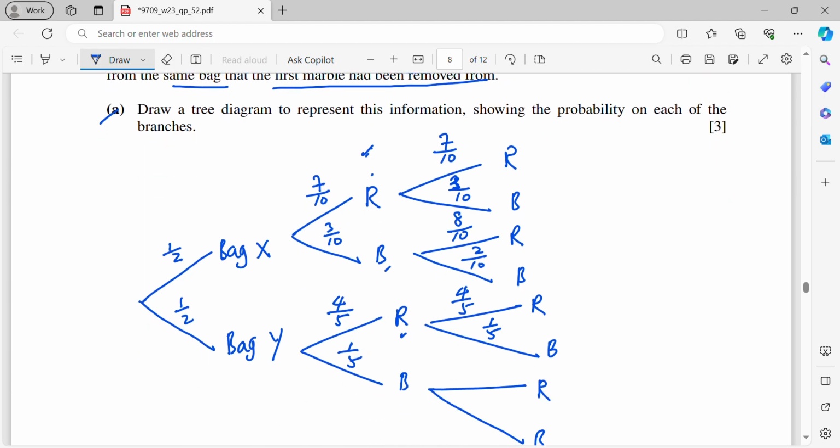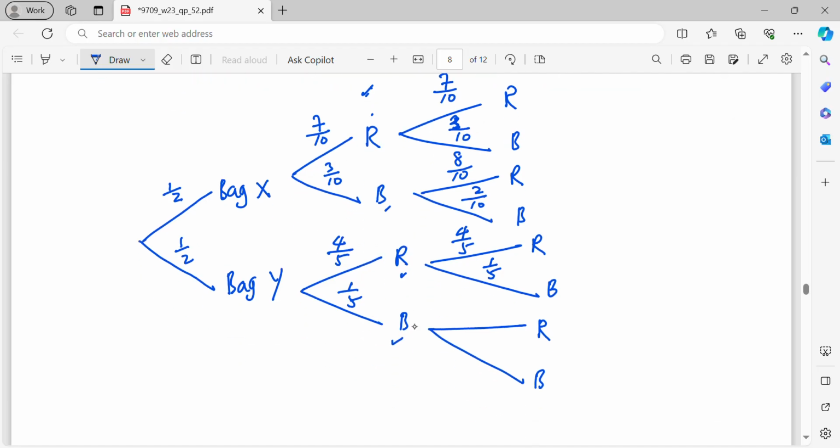Okay, and now for the bag Y, if you have removed the blue marble, it means that no more blue marble in the bag Y. Now you have added 1 more new red marble, therefore it becomes 1 because it will be all 5 red marbles. So this is the tree diagram for this question.